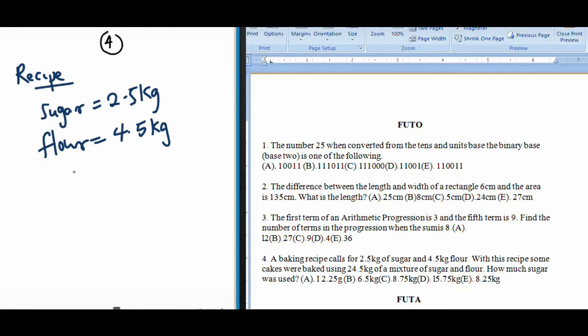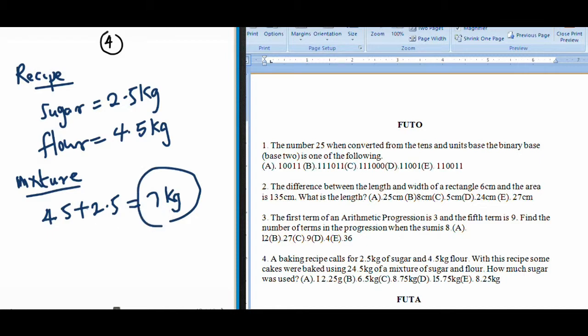Now, if we are to mix a baked cake out of this, then their mixture will be equal to 4.5 plus 2.5, and that will be equal to what? 7 kilograms.